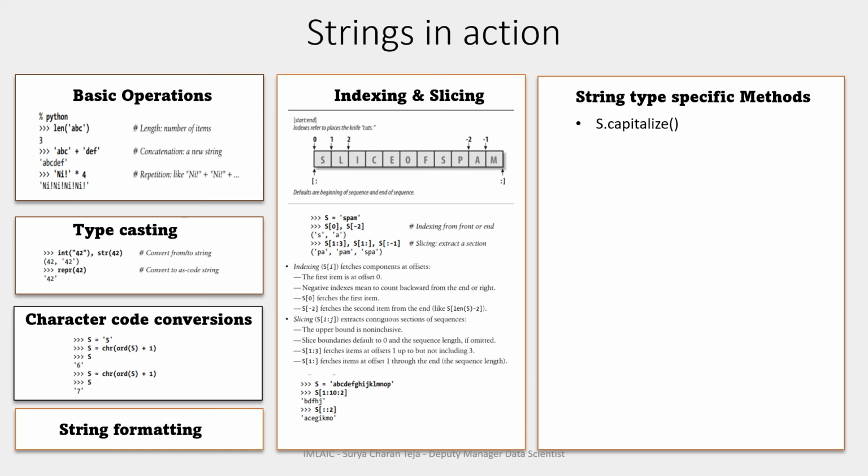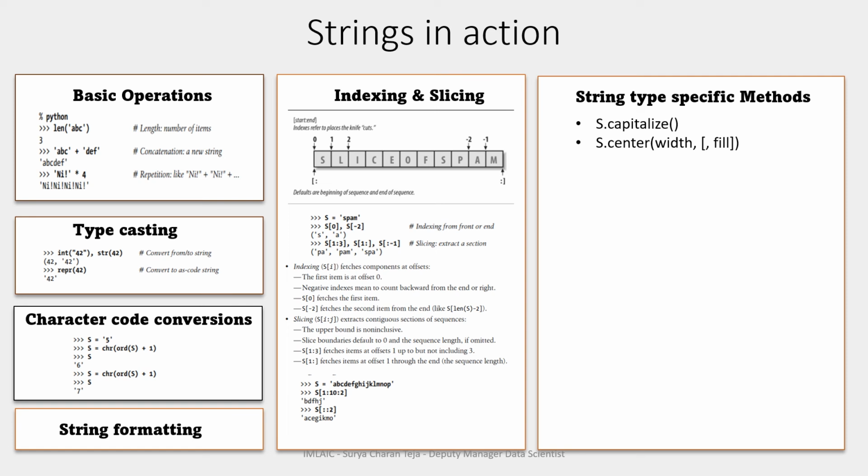If you have watched my beginning videos on modules and objects, there I told you an object is anything which has a state and action. That means attribute and method. So a string is also an object. Obviously it will have attributes and also some methods. Those are all these methods. These are specific to strings only. That's the reason these are called string type specific methods.